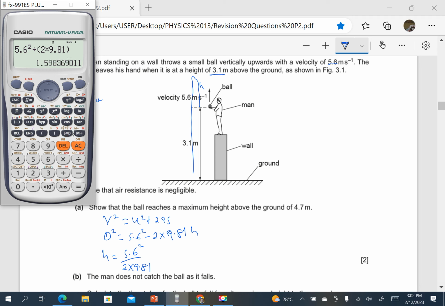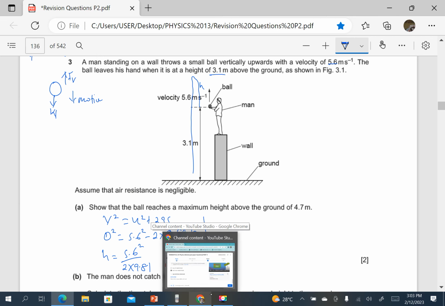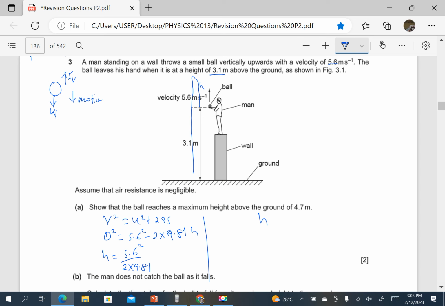Okay, I will not simplify that. So the maximum height H would be equal to h plus 3.1.